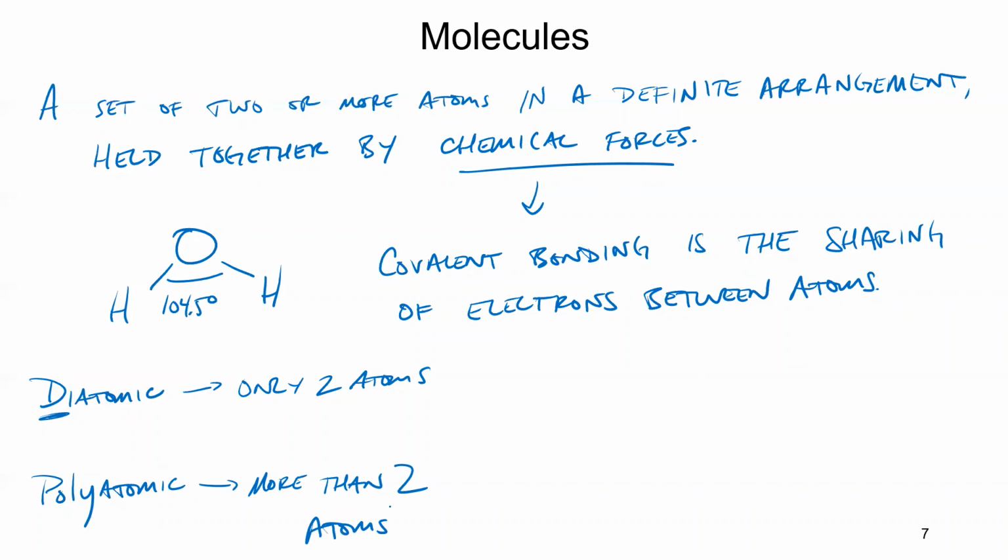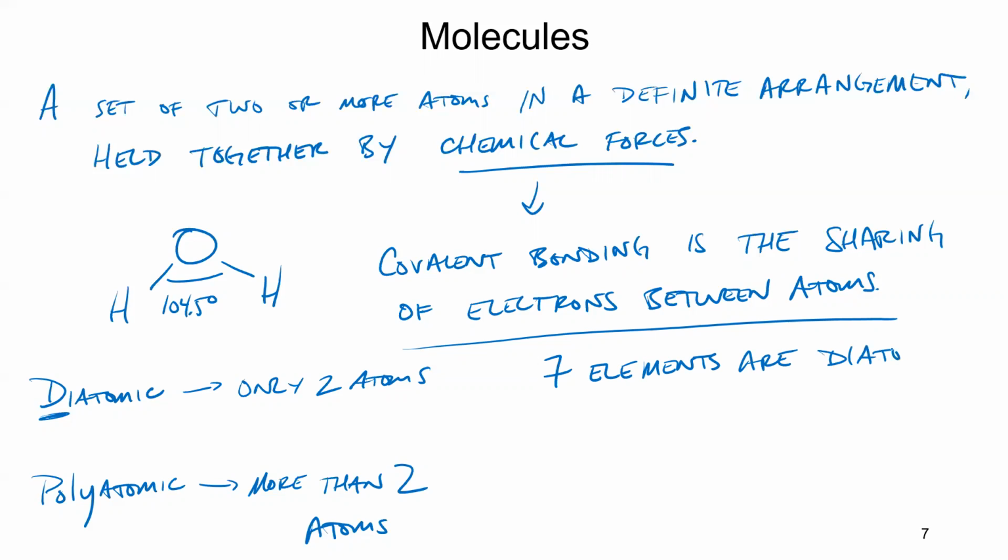But the reason that I bring this up is because with diatomic, there are some elements that behave as diatomic elements, right? They are molecules, but in nature, these 7 elements are found as diatomic molecules. They are hydrogen, so H2, right?